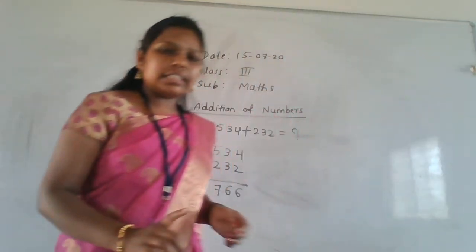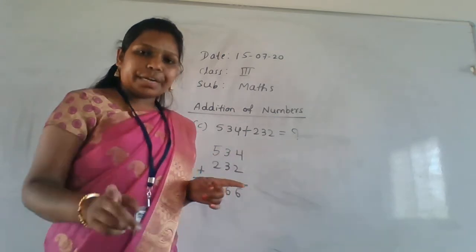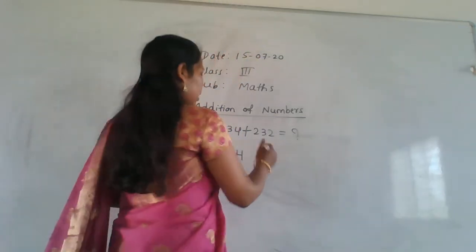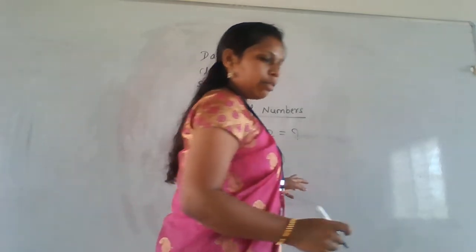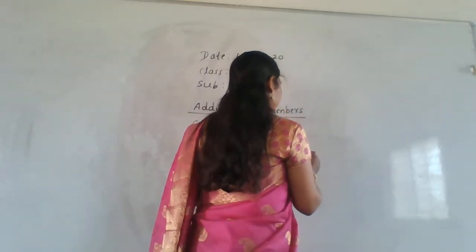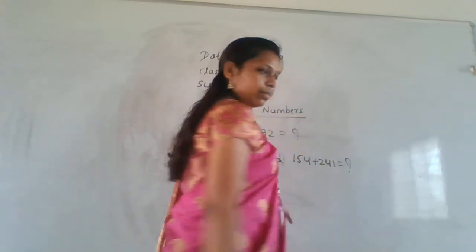Next one is homework. You only do it. This problem you have to do in your home. If I do everything, then what will you do at home? So 154 plus 241 is equal to what?